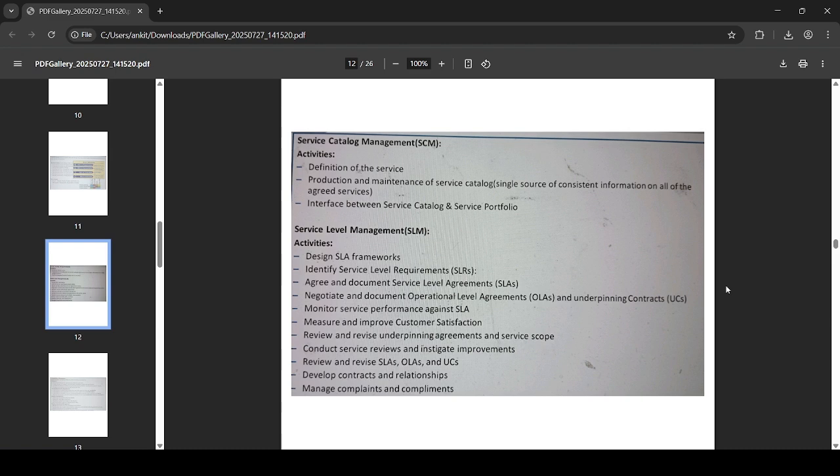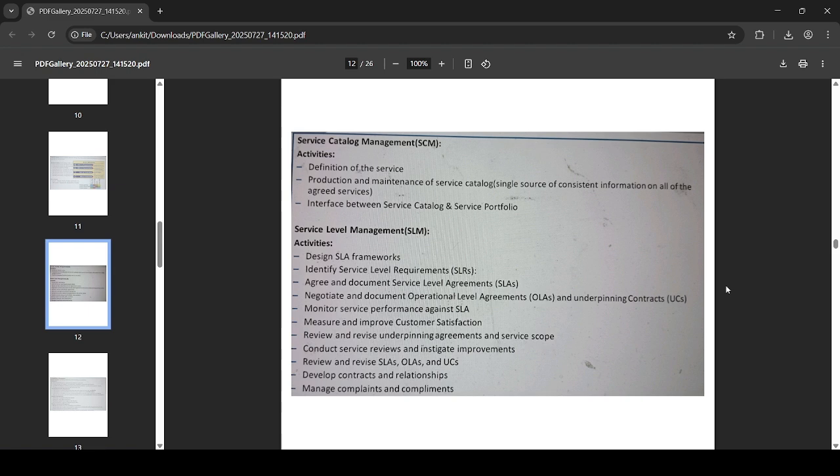For example, in your company, you are deployed into one of the projects, and in that project many applications are working. So whatever contract there is between two different applications is known as the operational level agreement. Underpinning contract is the agreement between the service provider and the third party vendor.